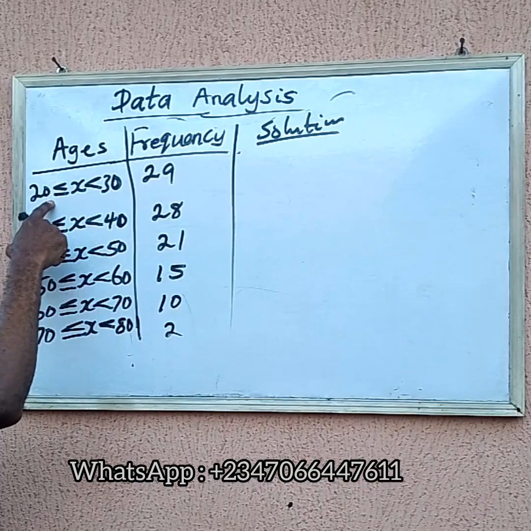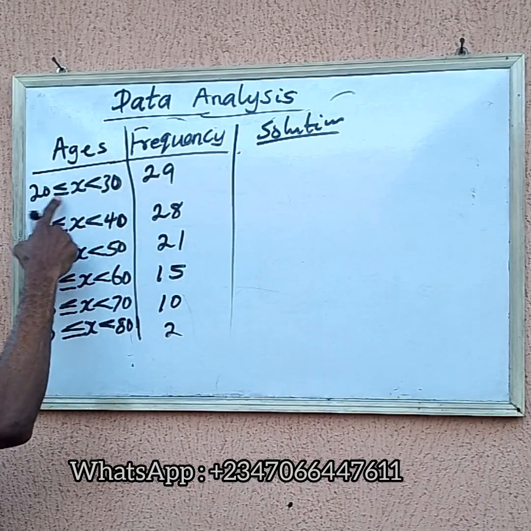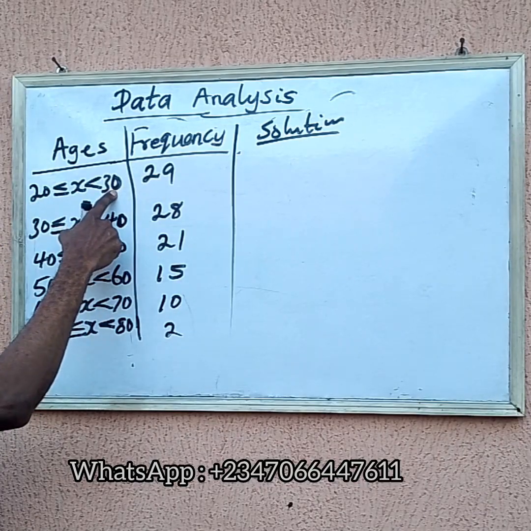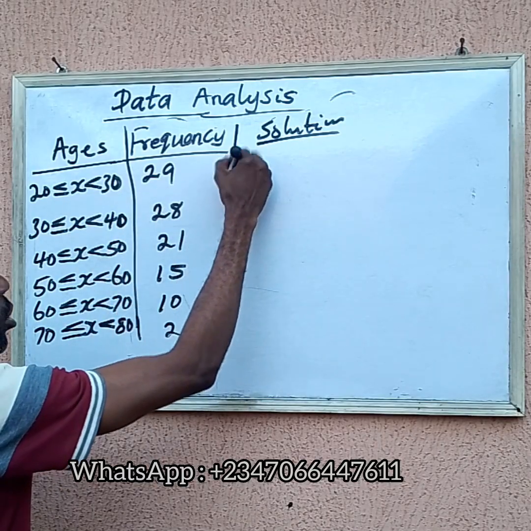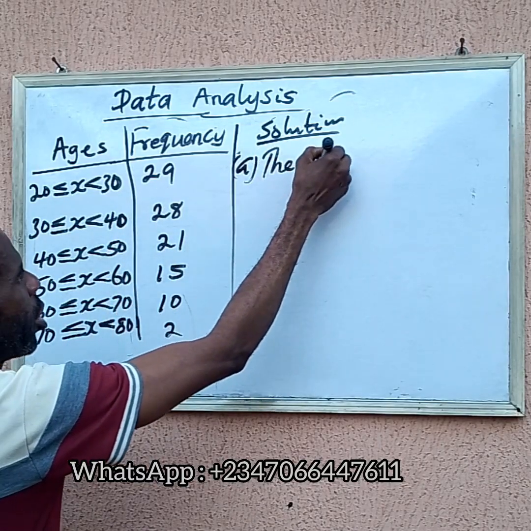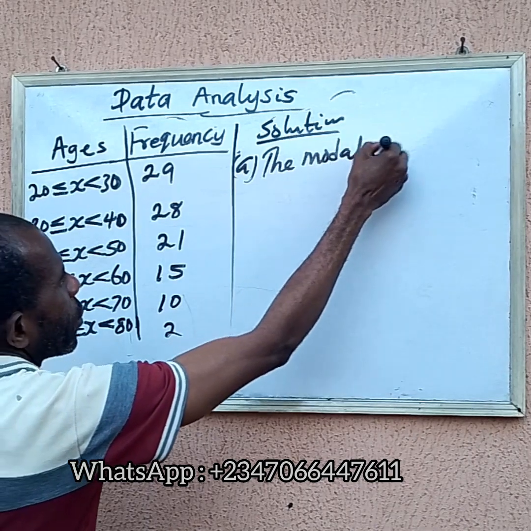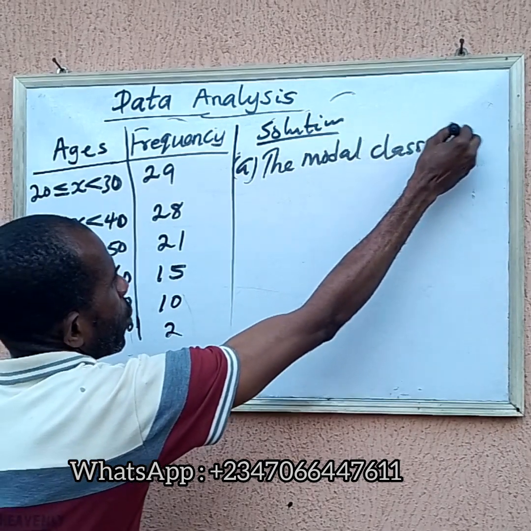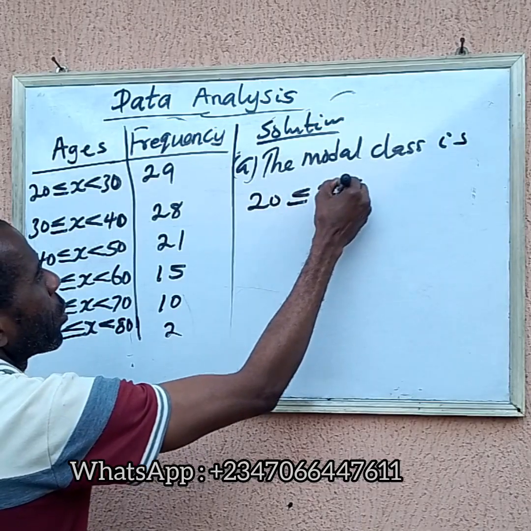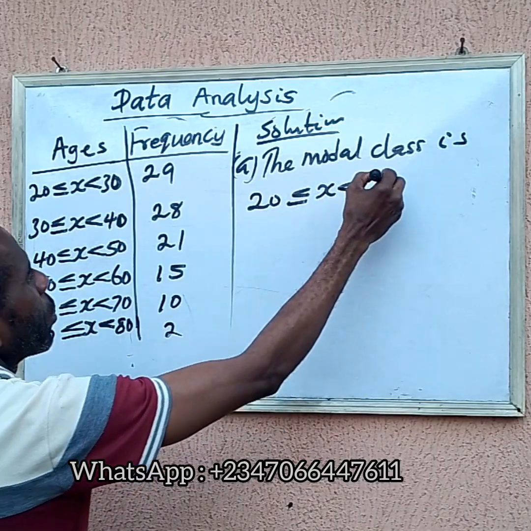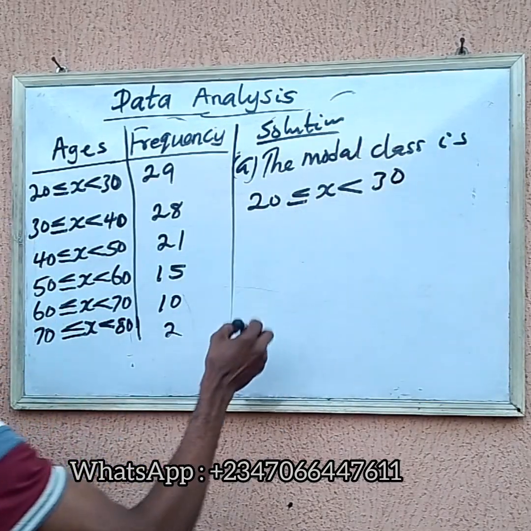The modal class is the class of 20 to 30 because it has the highest frequency. So the modal class is where X is greater than or equal to 20 but less than 30.